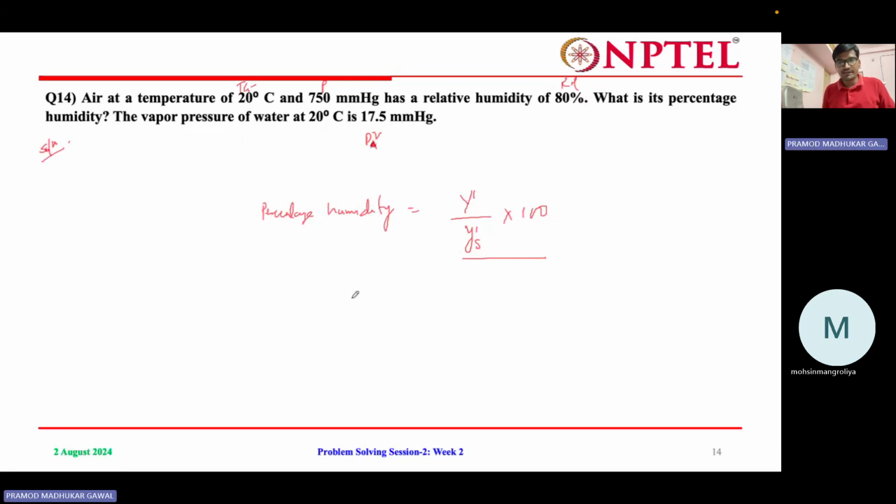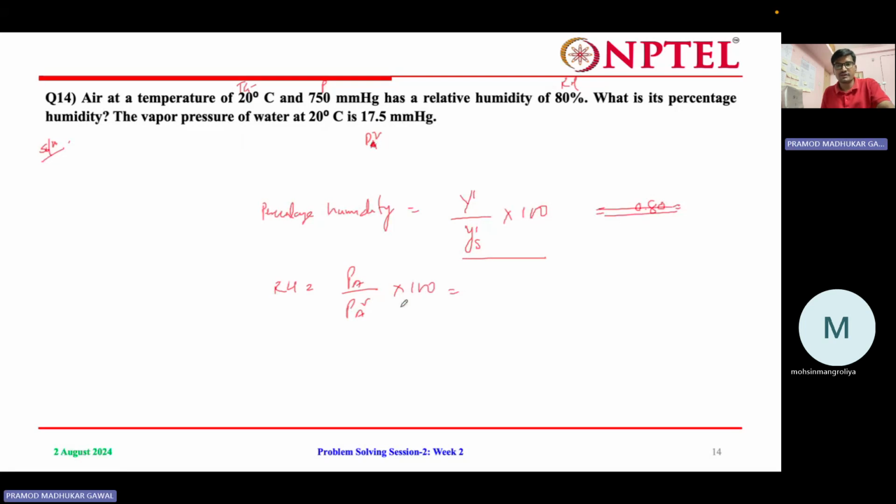The relative humidity is given as 80%, so you can write down 0.80 equal to. The relative humidity formula: RH equals partial pressure divided by vapor pressure times 100.